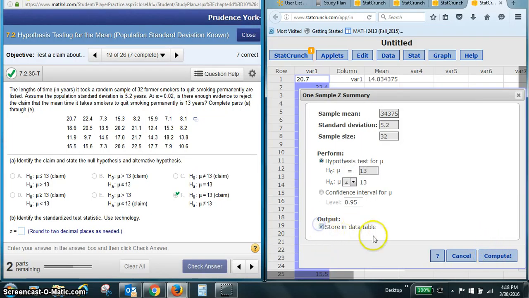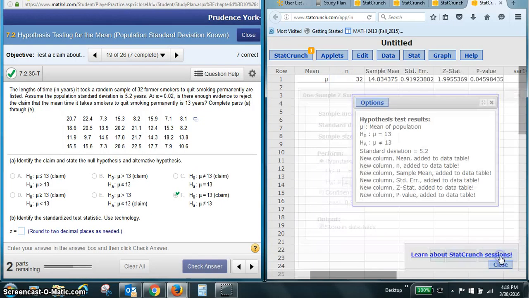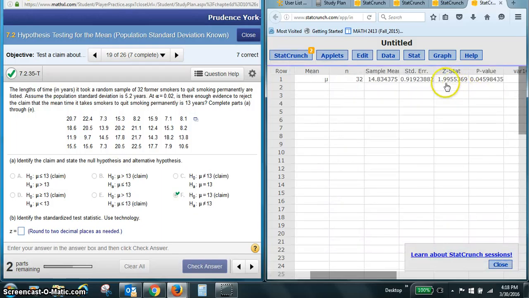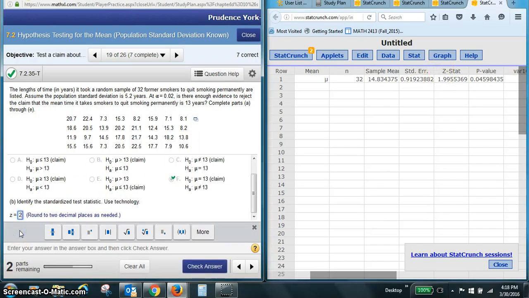And I'll store it in the data table, and it says that our Z statistic is 1.9955, or if you round that to 2 decimal places, that 5 is going to make that 9 go up to a 10, which is going to go to a 0, a 2, so it's actually 2.00.